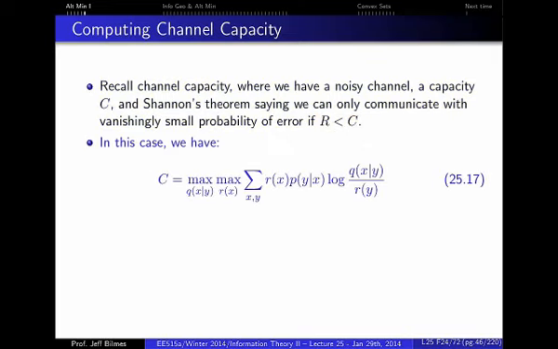And so we can then express the capacity. Remember, the capacity in this case was an optimization over the source distribution. In rate distortion theory, the source distribution is fixed, and we're optimizing over the conditional distribution. In channel capacity, the conditional distribution is the channel, which is fixed, and we're optimizing over the source distribution. We want to decide how much probability to put on each source symbol that we end up sending.